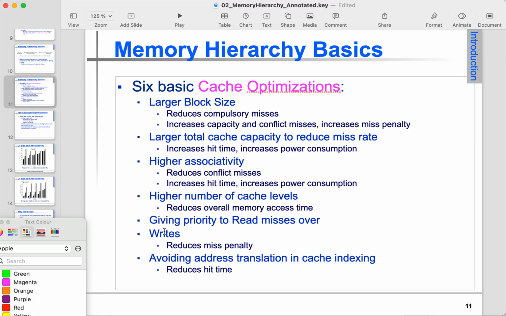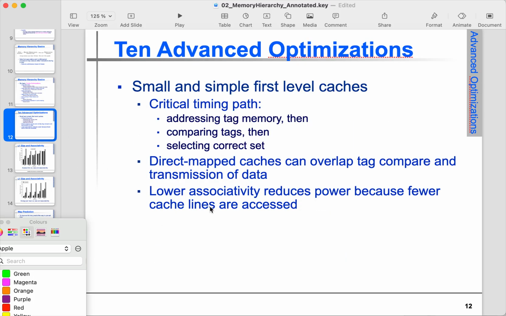We can also give priority to read misses over writes. So these are some more optimizations that we could do.